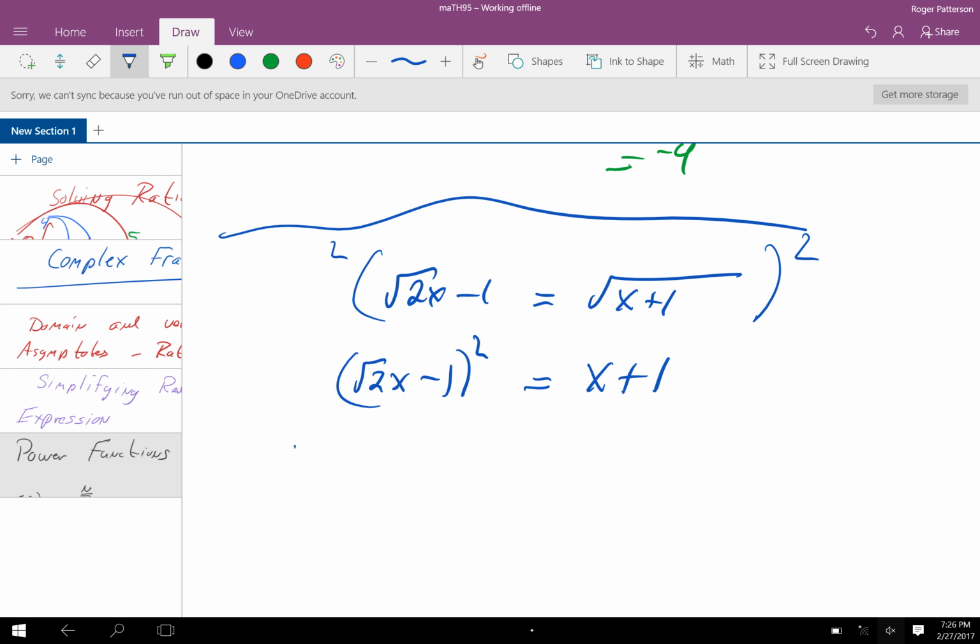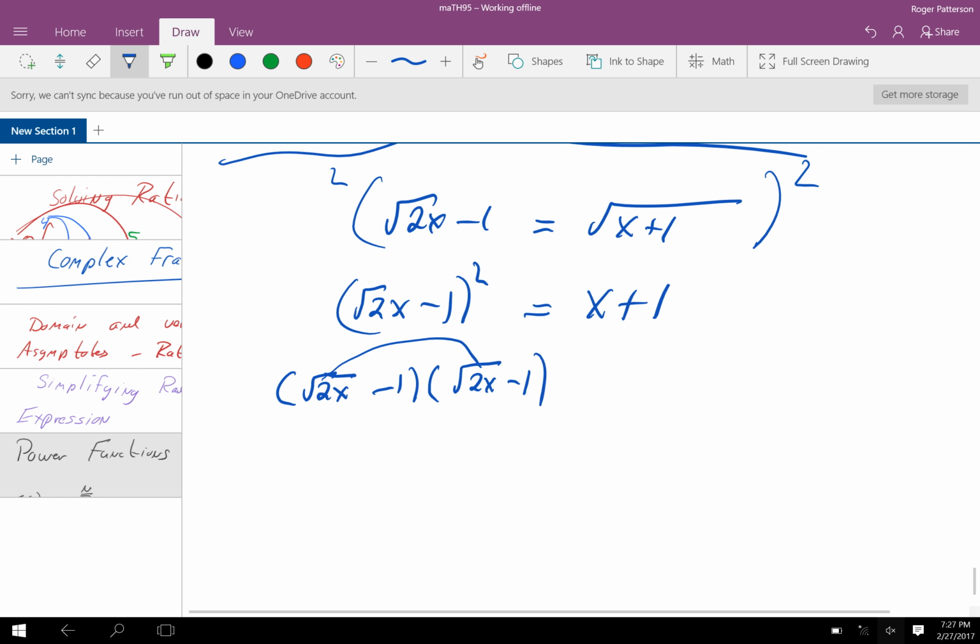Square root of 2x minus 1 squared? So I'm going to have to write this twice. So I multiply those two things. What is that going to give me? 4x squared.